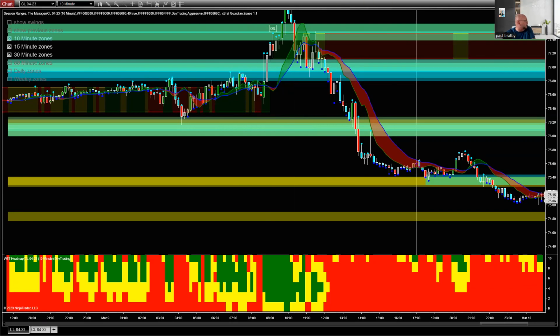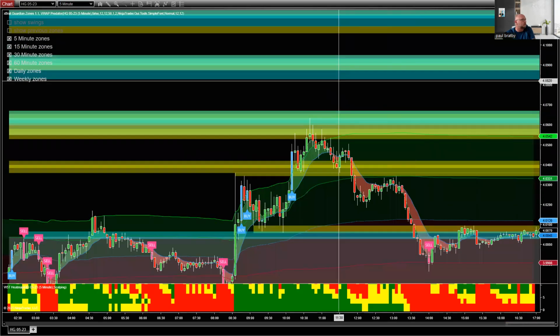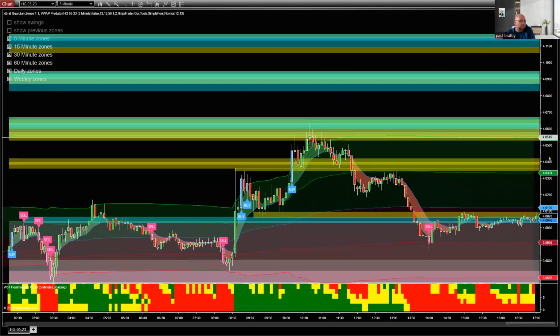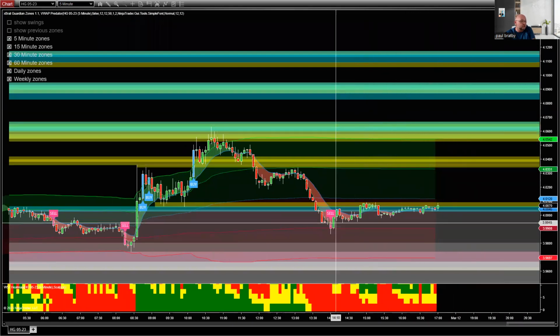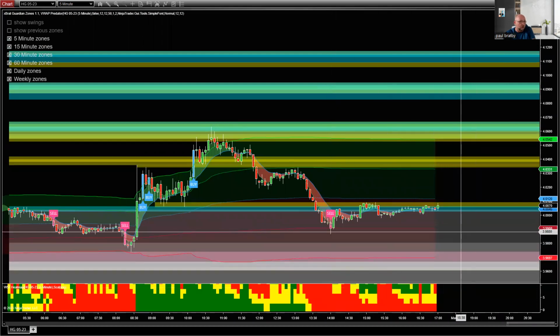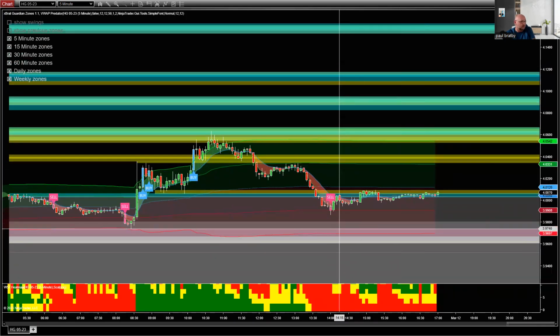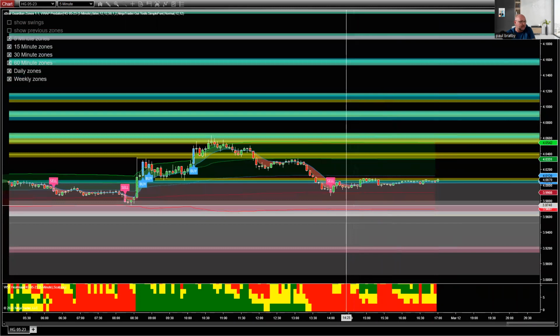So, Friday's not a great example. We've got copper here. This is the reason not to take that sell order on the VWAP Predator, even though the bias depth heat map is all red. We're in a big daily zone here, a really big daily zone that's got 60s in there as well.